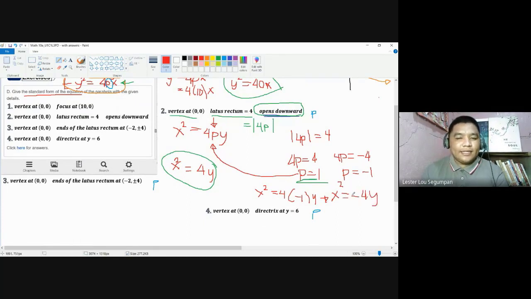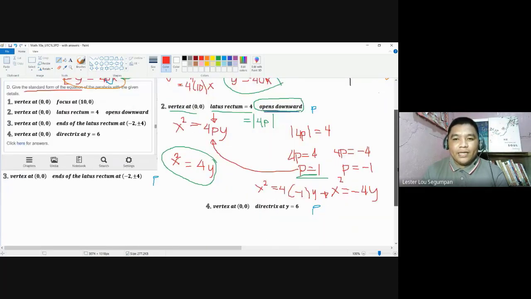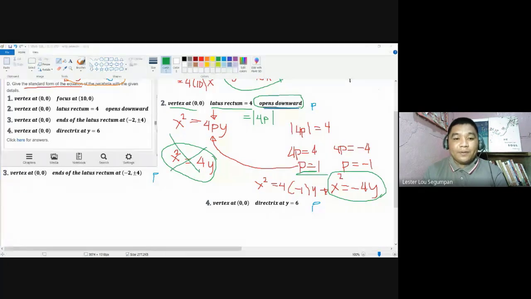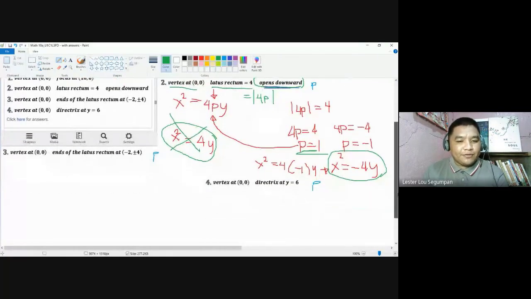And since it has a negative coefficient here, it conforms to the given that it should open downward. This is the correct equation in standard form of the parabola. Okay, so we are done with number 1 and 2. Let's proceed to number 3.